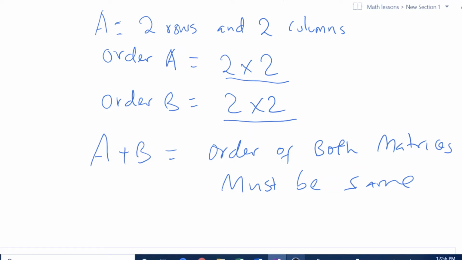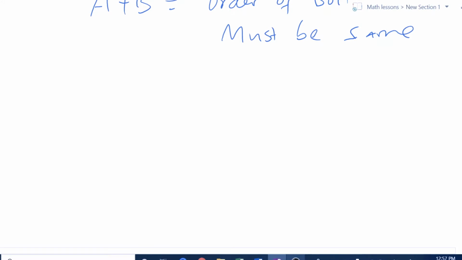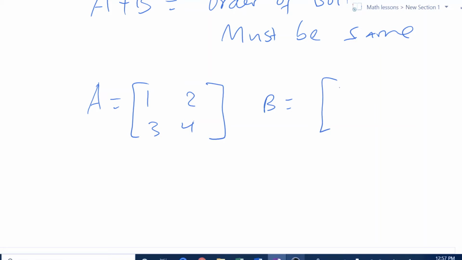Okay, let's do an example here. Matrix A is 1, 2, 3, 4, and matrix B is 5, 6, 7, and 8. These are just numbers.